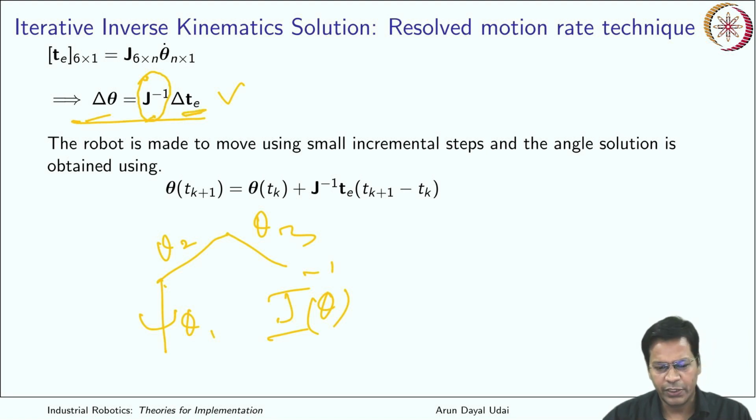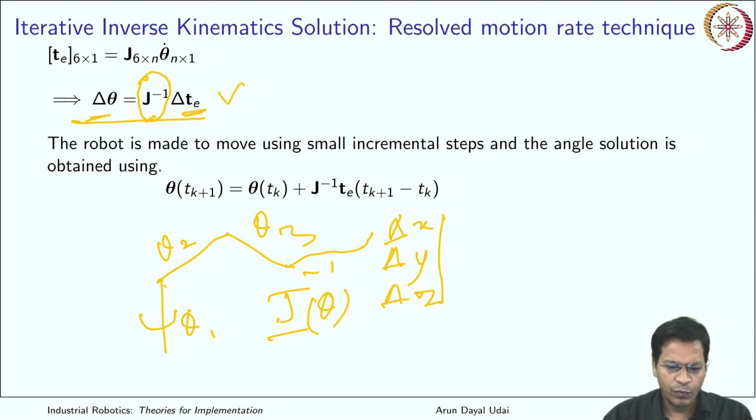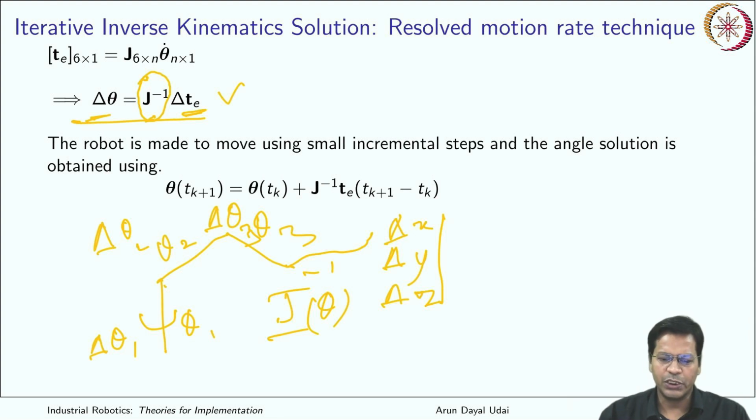So this is your end effector rate. If you want to make it move with small incremental displacements and in every small amount of time, you can calculate what could be the small increment in delta theta 1, delta theta 2 and delta theta 3. So you can go to the new position.